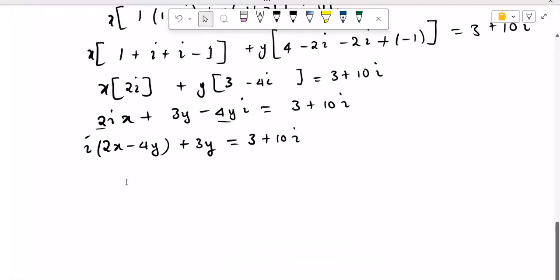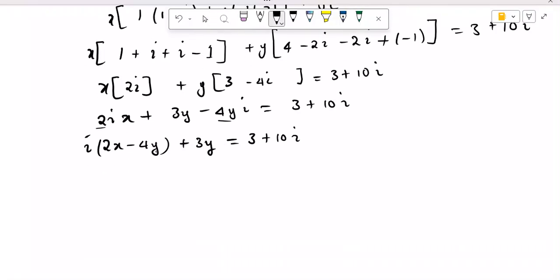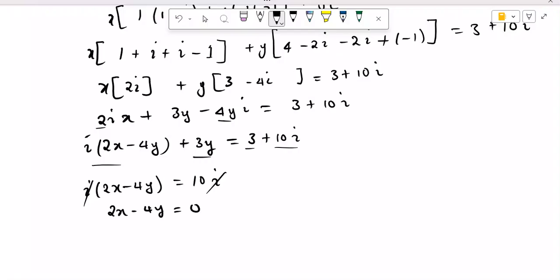So now we group like terms, those with i together, those without i together. This term and this term, they don't have i. This term and this term, they have i's. So you say i times (2x minus 4y) equal to, together with the sign, 10i. So the i can cancel out now. So you have 2x minus 4y equal to 10.